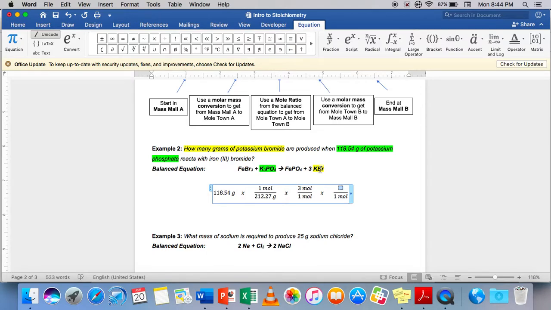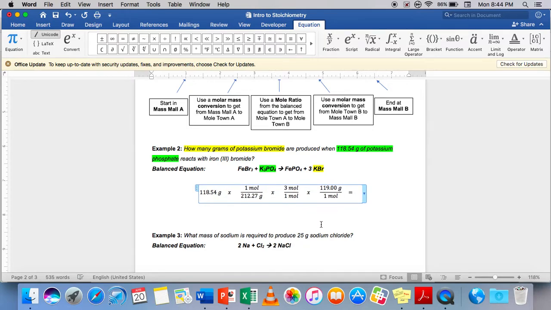That is my KBr. Do not multiply it by 3. You already did that in the step where you did the molar mass. So I looked up the molar mass, and it is 119.00 grams for KBr, potassium bromide. So we started with grams, and we're going to end in grams. Everything else cancels out.